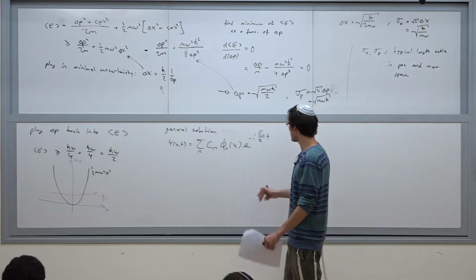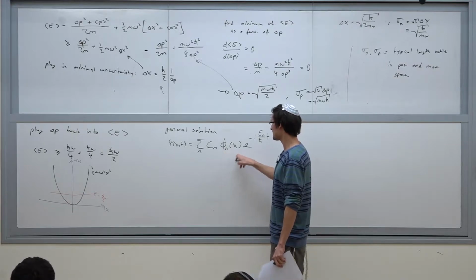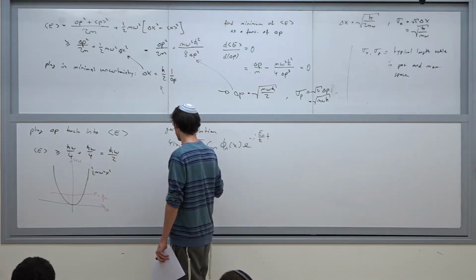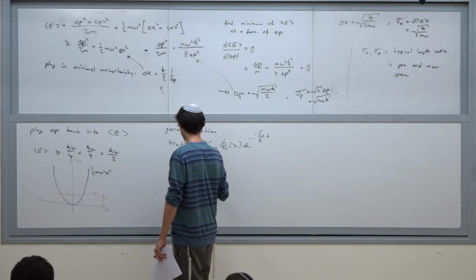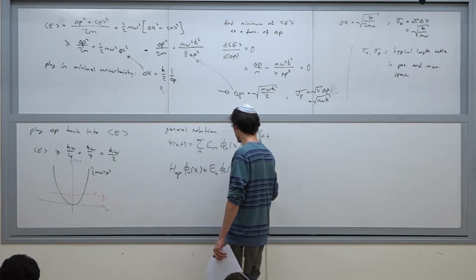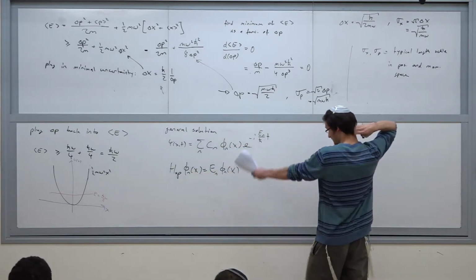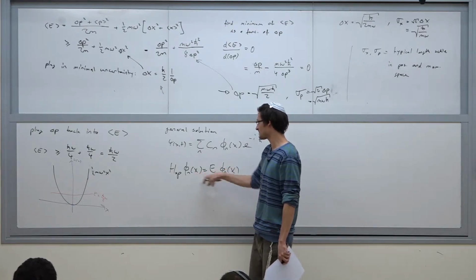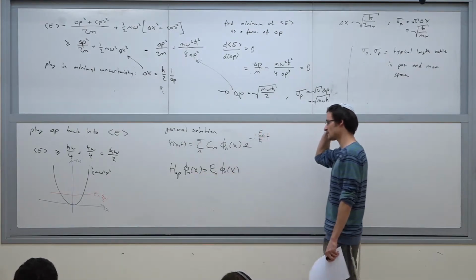And we know that in order to find these eigenstates, phi n, we have to solve the time-independent Schrodinger equation. There's an infinite set of pairs phi and En that solve this equation.